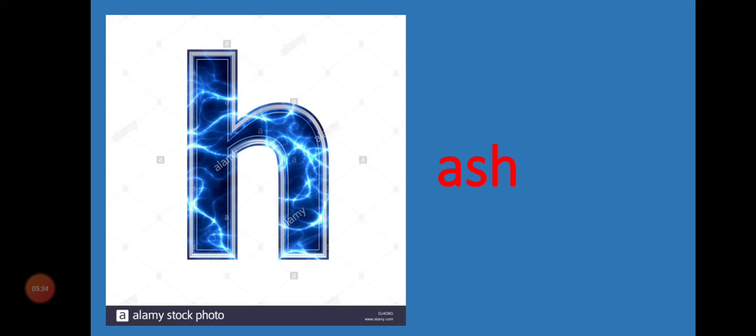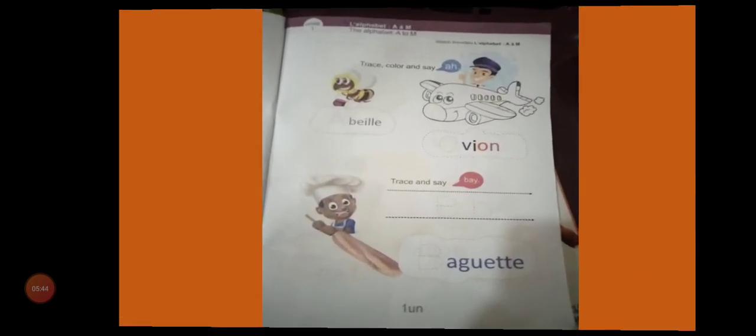Okay, now we are going to do some exercises from our French textbook. Yes, the name of the French textbook is Grande Étape. Let's speak French. I hope you have your own with you there.